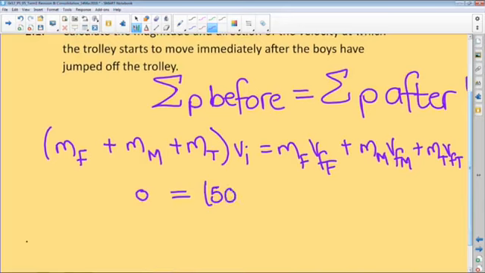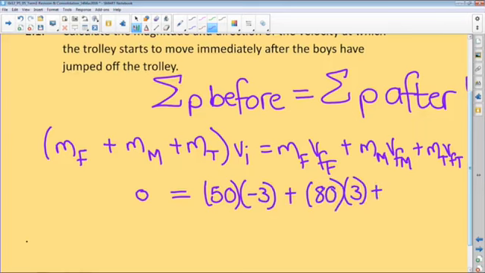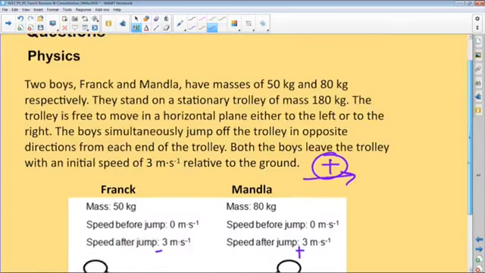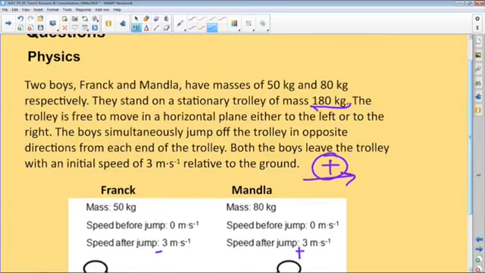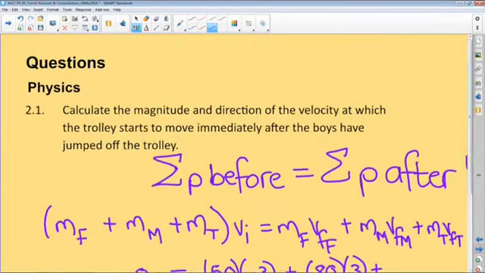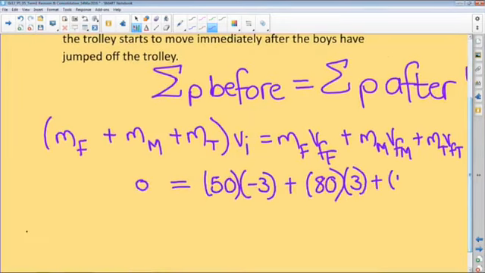Now, I chose to the right as positive. Frank was moving to the left, so that becomes minus 3. Mandla has a mass of 80. It was going to the right, so that's 3. And let's just check what the trolley's mass was. Look, 180.